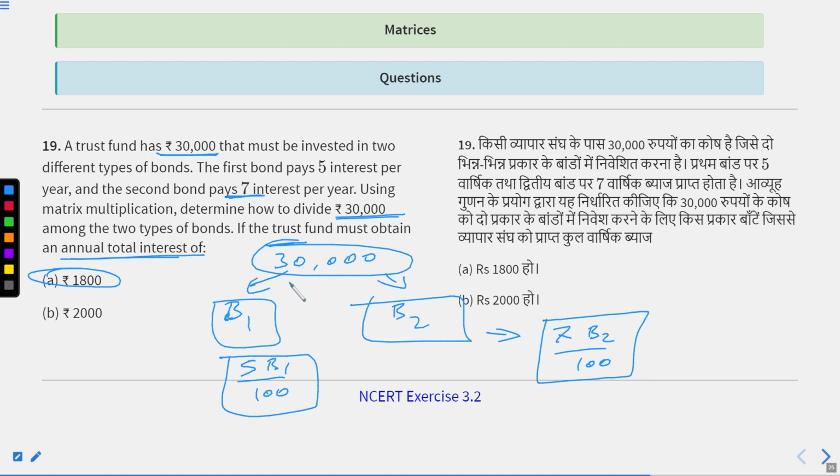And I want the total annual interest of 1,800, sorry, not 18,000.